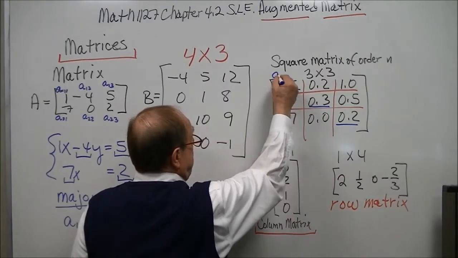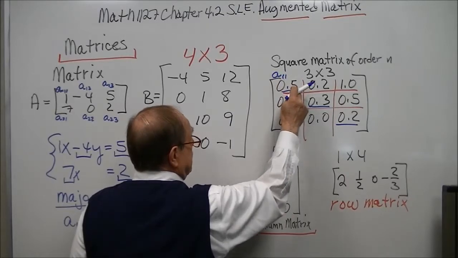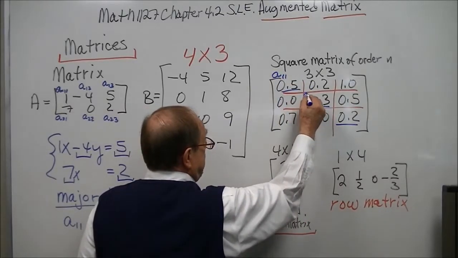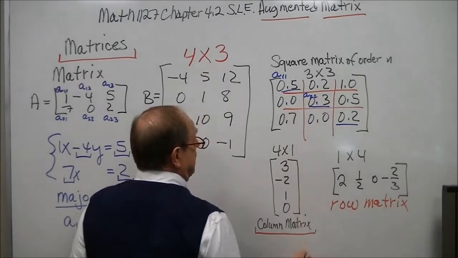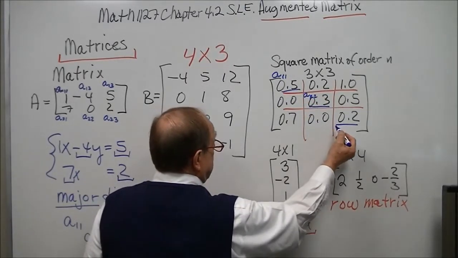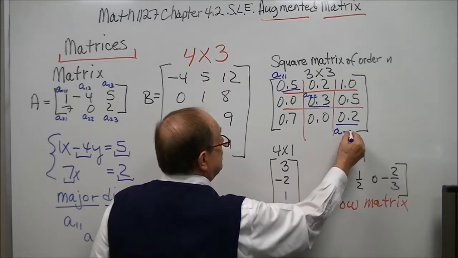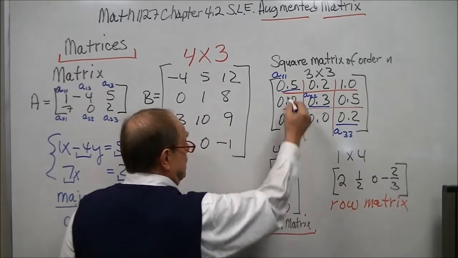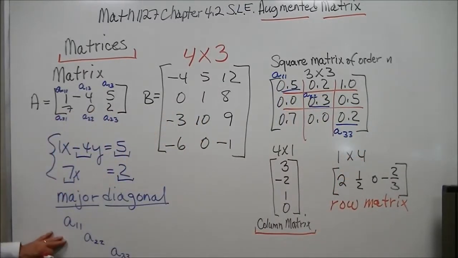And this would be A, first row, first column. This is A, second row, second column. This is A, third row, third column. So this would make up the major diagonal.